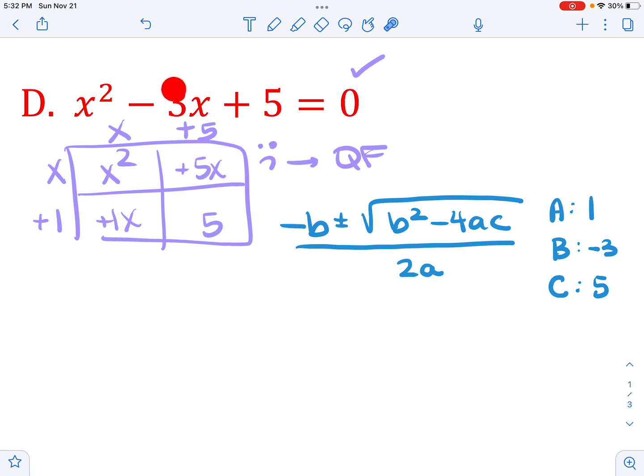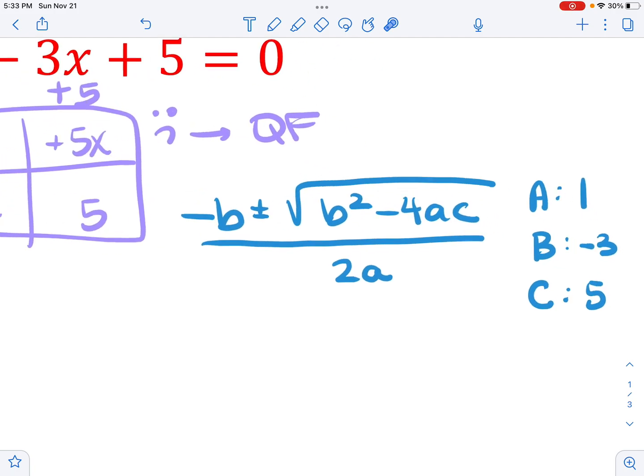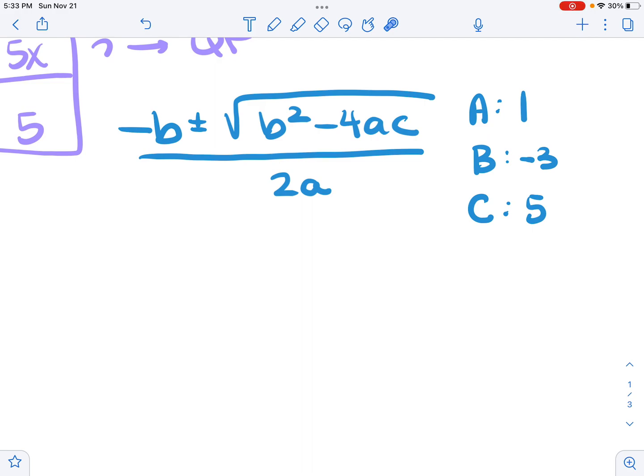So A, B, C. Now all we have to do in this formula is literally follow the instructions. This says take the opposite of B. So my B value is -3. The opposite of that is +3. And then every time I make a substitution, I'm going to put it in parentheses.